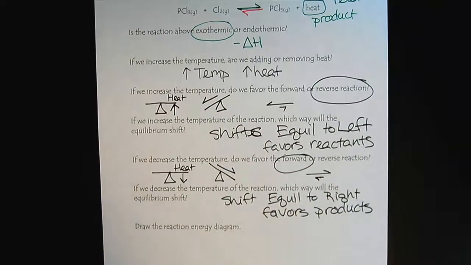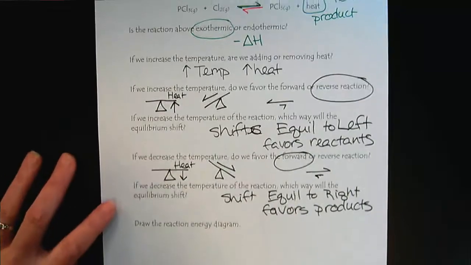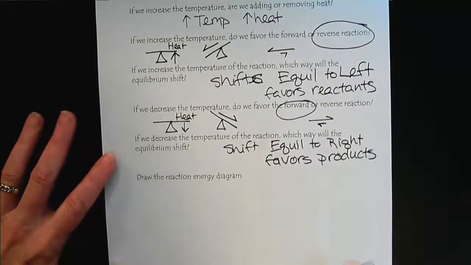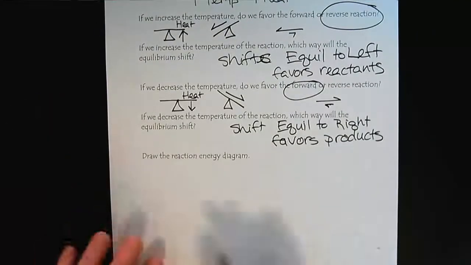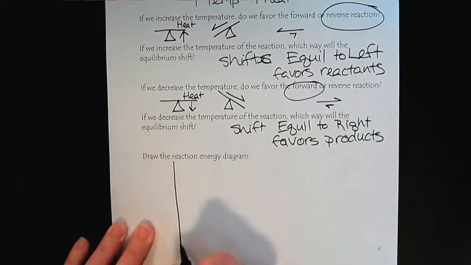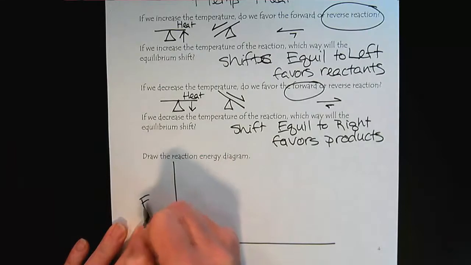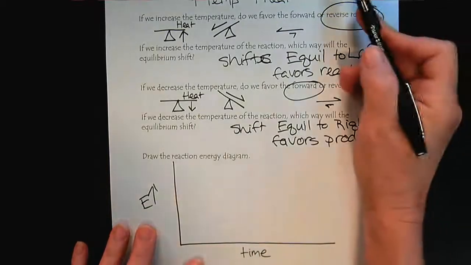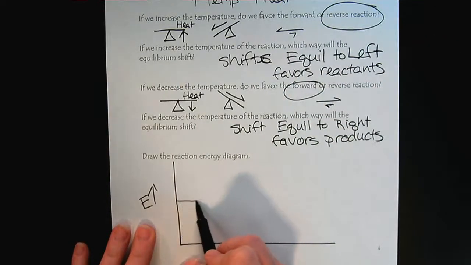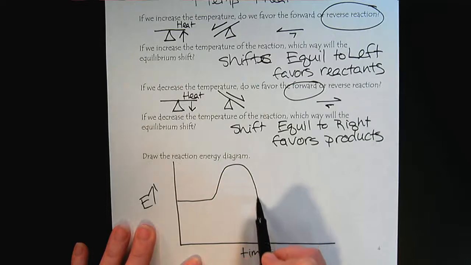Okay, and so now to bring this all together, let's do a reaction energy diagram. So our y-axis is energy, our x-axis is time, and we see here it's exothermic, so our products are lower in energy than our reactants.